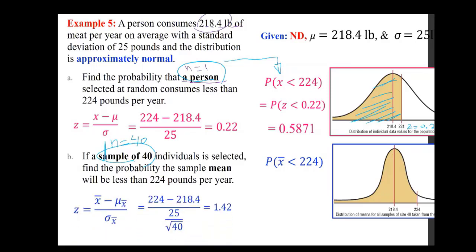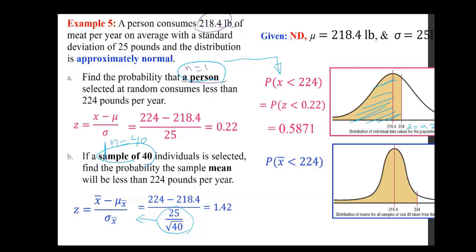We calculate the z-score, and again, I want you to pay attention to sigma versus sigma of x bar, which is smaller. And again, that square root of 40 comes up as far as changing a complex fraction to a simple fraction. This is a complex fraction. Remember, the definition of a complex fraction is a fraction within a fraction.